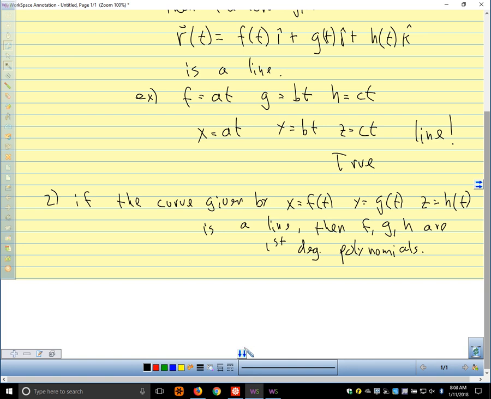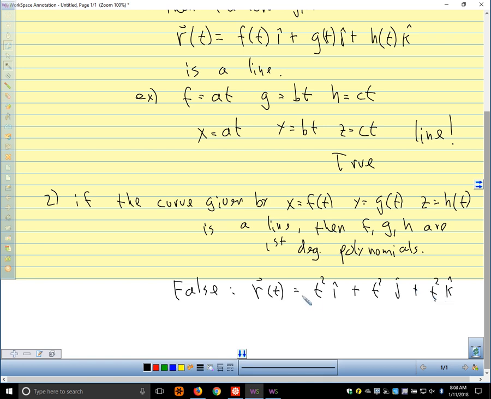False. What about t squared, t squared, and t squared? If they're all the same. So we could say r of t equals t squared i hat plus t squared j hat plus t squared k hat, for example, as a counterexample.